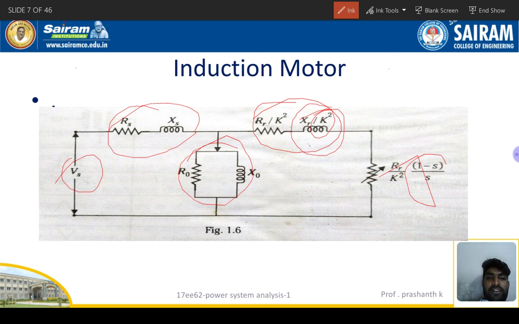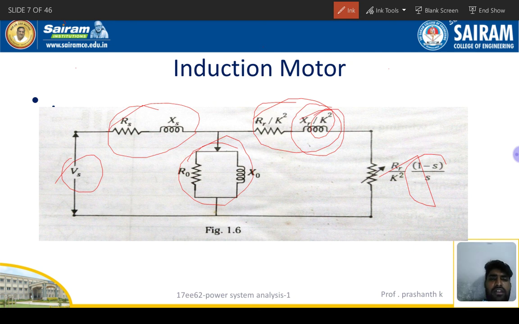Even now in the summer season, the fan is a single-phase induction motor. Also heavy applications like lifts, cranes, elevators. About 10 years back we were using DC motors, but now induction motors, because the supply is readily available so we can utilize it directly, efficiency is more, and minimum loss will be there.